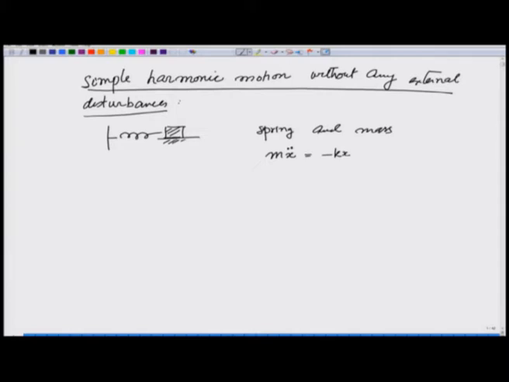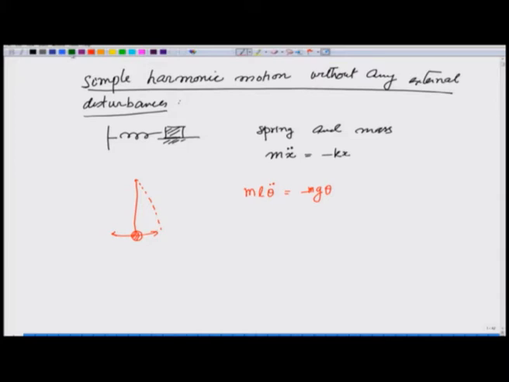Similarly, if I look at the pendulum system where a bob is on a string and it is made to oscillate, the equation of motion that comes out is m L theta double dot is equal to minus mg theta. There is nothing else that is working on the system.